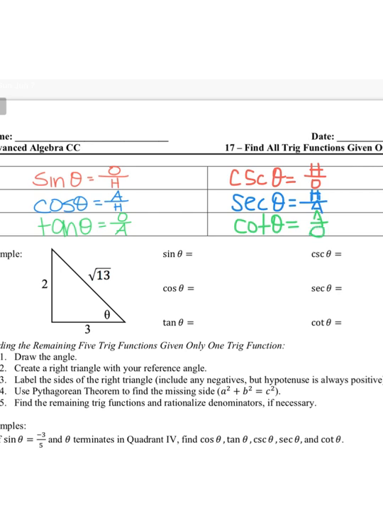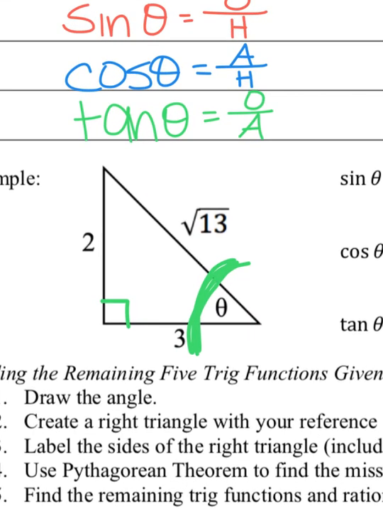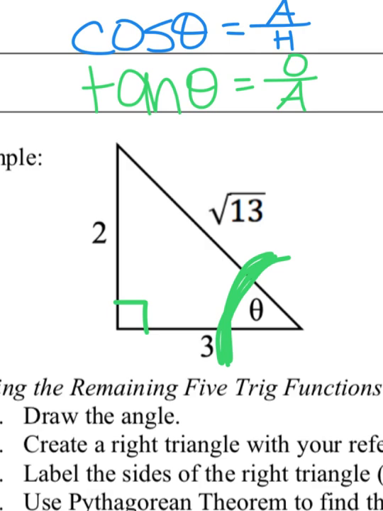So if you look at this example below, I give you all of the sides of a right triangle, right? This is a right triangle, right angle in here. And I'm asking about angle theta. So let's go through and just make sure we're good on what's opposite, what's adjacent, what's hypotenuse again. So the hypotenuse is across from the right angle. So across from the right angle is the square root of 13.